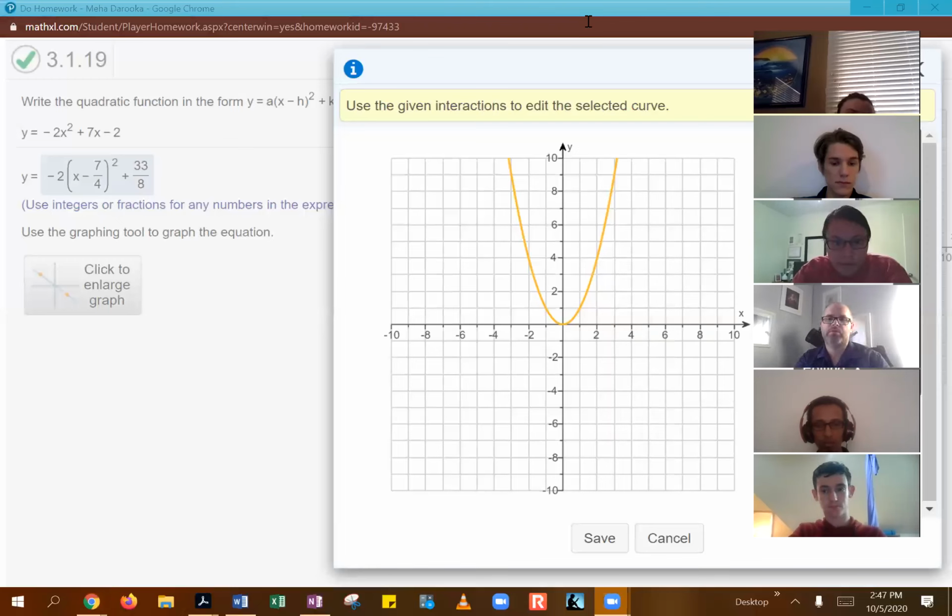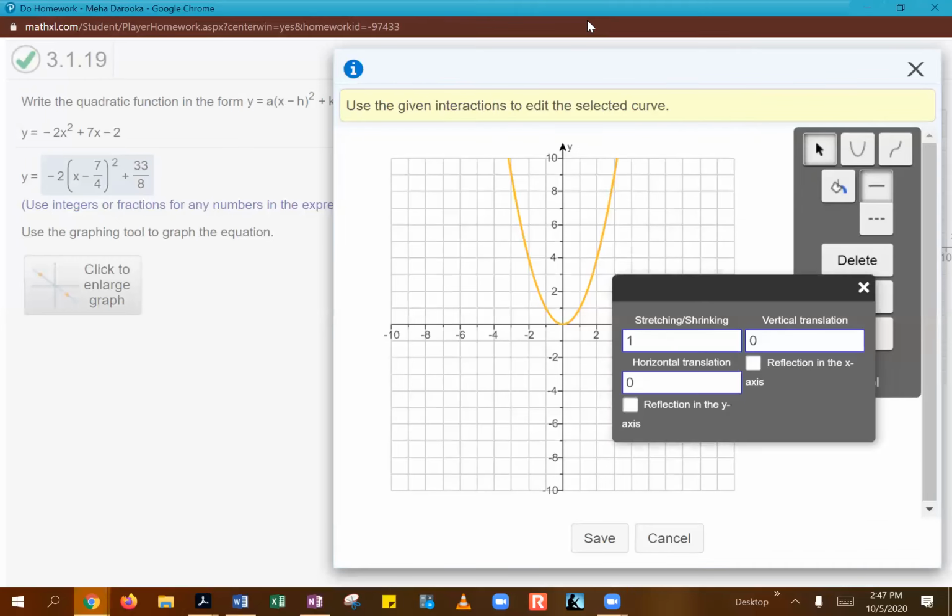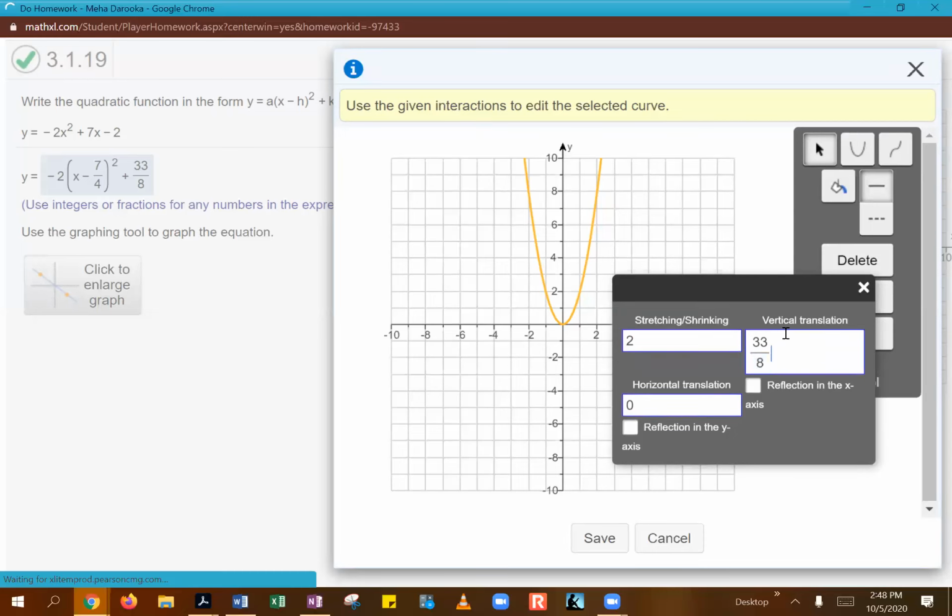Just the number 2, not the negative sign. So this guy will become 2. And then for vertical translation, Lowell, it will just be positive 33 over 8 because that's what we have here. This guy was positive, so it will stay positive. It's only for the horizontal translation that we change the sign.